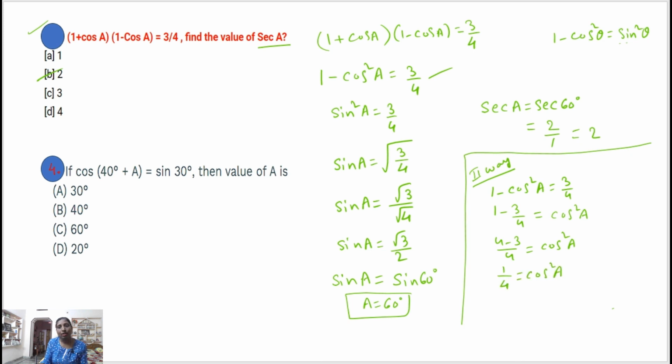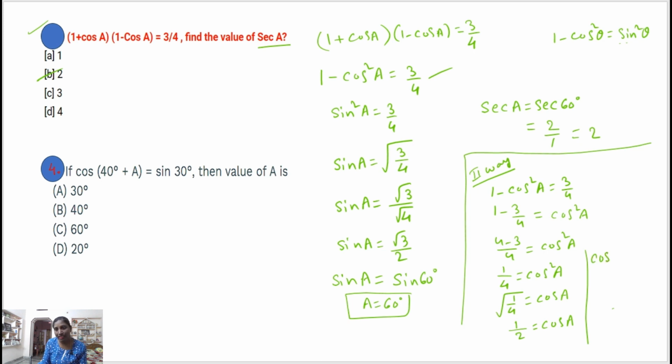Now root over 1 by 4 is equal to cos a. Root over 1 means 1, root over 4 means 2, so 1 by 2 is equal to cos a. 1 by 2 means cos how many degrees?